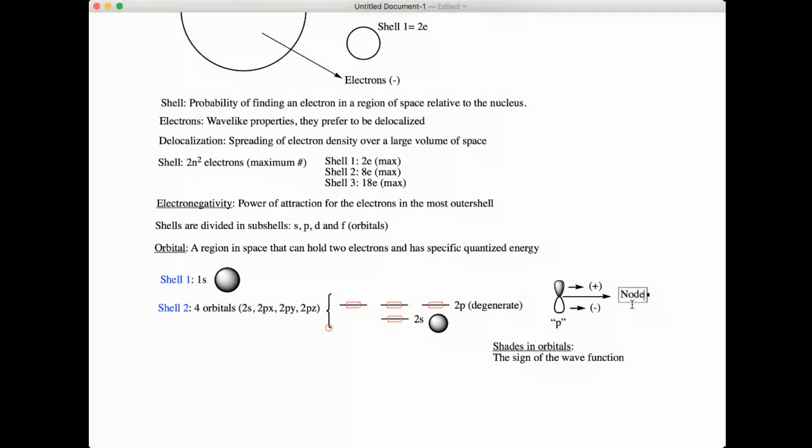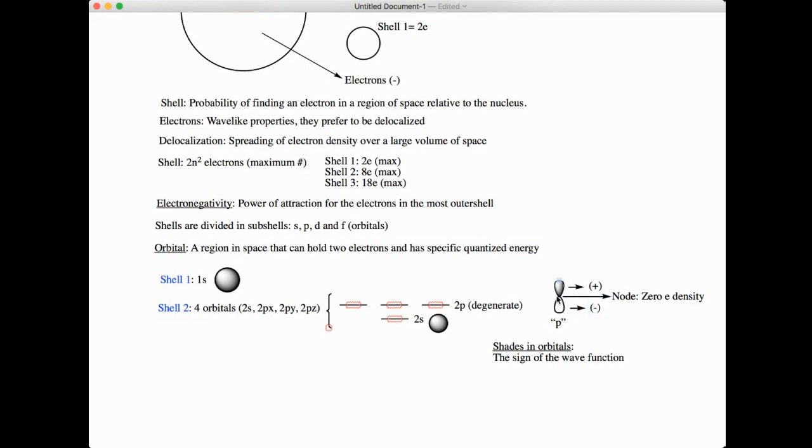So we call this a node, and it's an area of 0 electron density. It should make a lot more sense now, because whenever you have an area of 0 electron density, there is a change in the sign of the wave function. That's why you have two opposite signs of the wave function here.